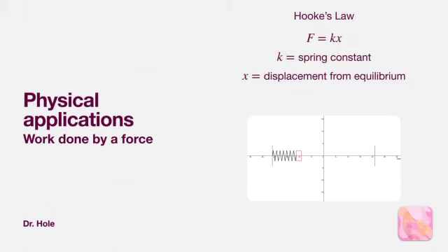And then x is the displacement from equilibrium. And recall that equilibrium is the state in which no external force is being applied. The mass would sit in its location unchanged. Good. So this is Hooke's law.